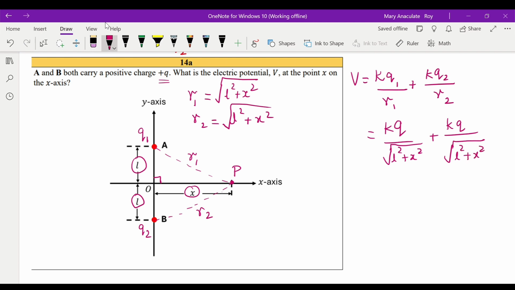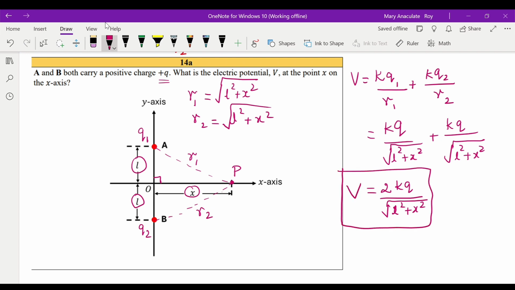So you have two identical expressions. It's like X plus X will be 2X, so you can write the same expression once with 2 as its coefficient. So that is the total electric potential.